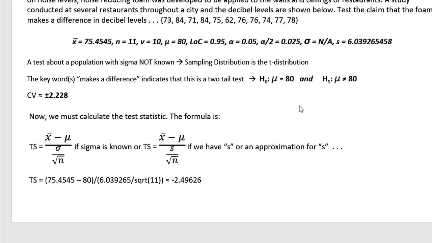In order to calculate the test statistic, we've already done this once or twice before. So we would use this formula because this is the one where we have an S, or an approximation for sigma. We happen to have S with the small data size that we have. Let's type in the formula as shown right over here.